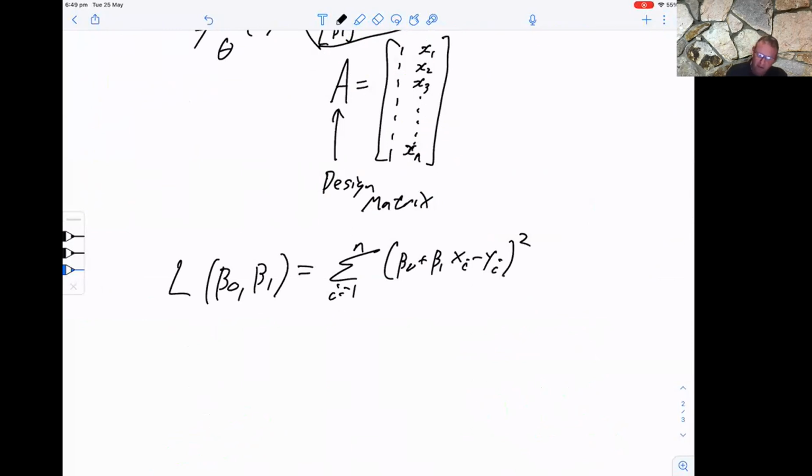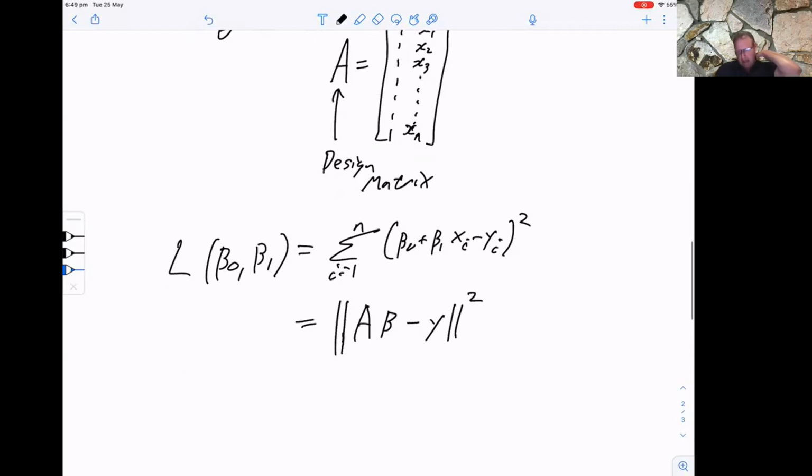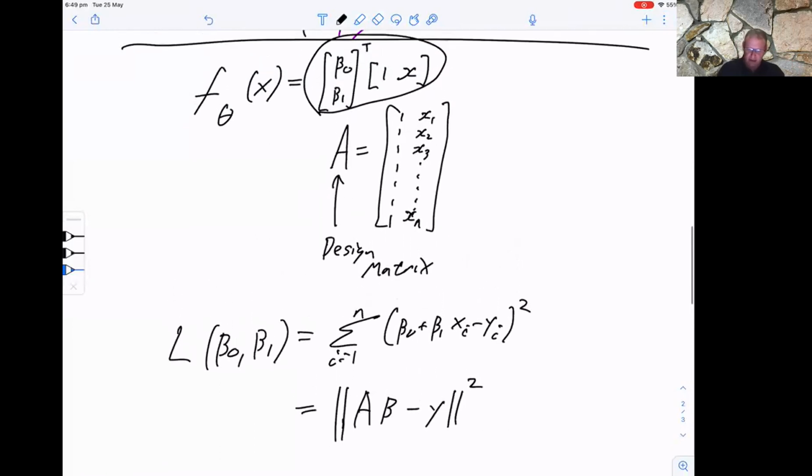And I'm going to write it as the norm squared of A beta minus y. Okay. To see this, you'll need to take another minute later on.